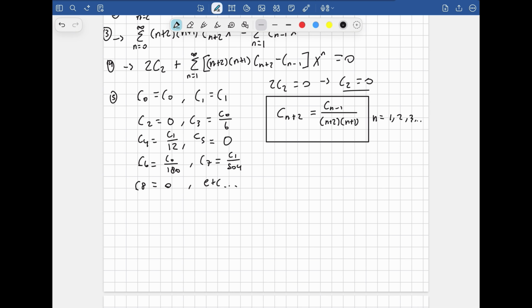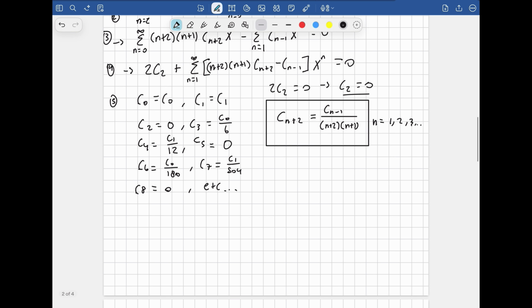Okay, so now that we have this, we can gather the c0 and c1 terms and form our first solution and our second solution. So we could say that y1 is equal to c0 times 1 plus x to the third over 6 plus x to the 6 over 180 plus dot dot dot.